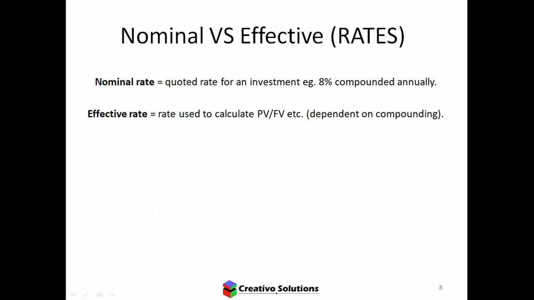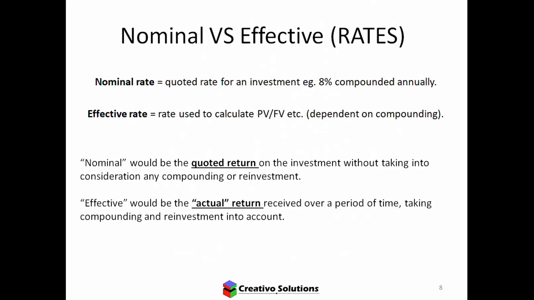So just remember, the more frequently you compound or add interest on interest to a particular amount, it's going to definitely change and increase the actual return over a period of time. Because remember, nominal is just what's quoted, effective is taking all that compounding into consideration. So let's see how that works.